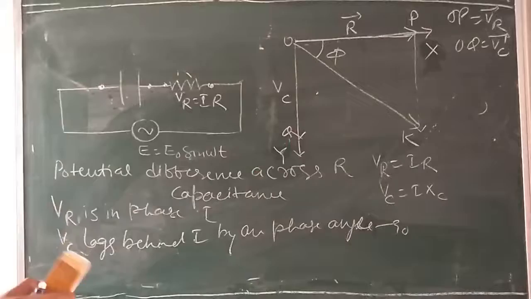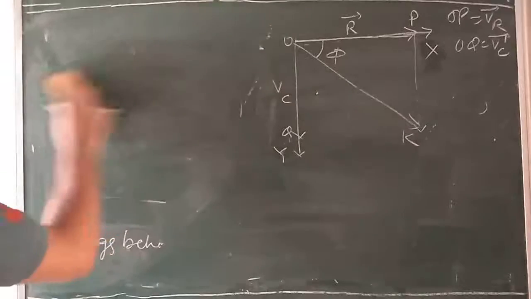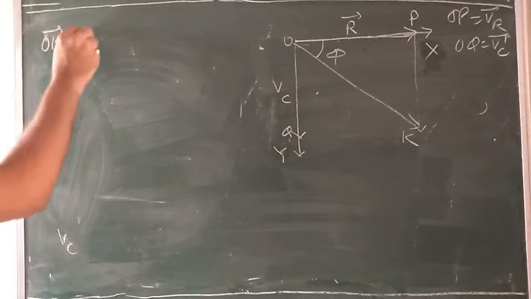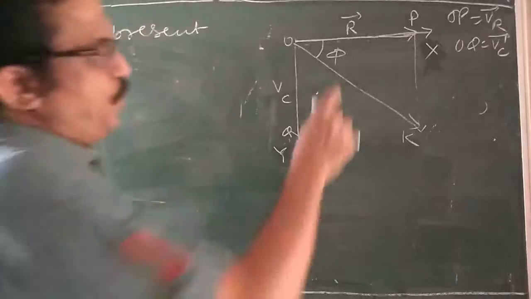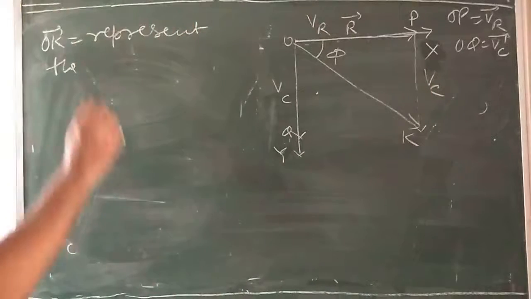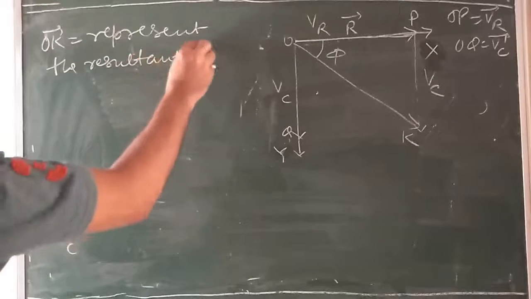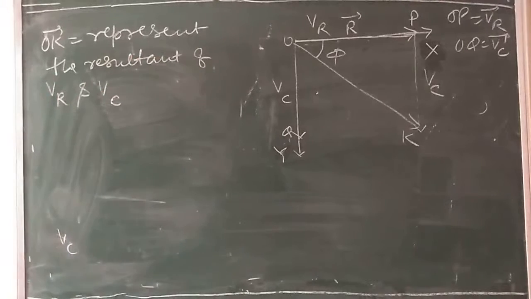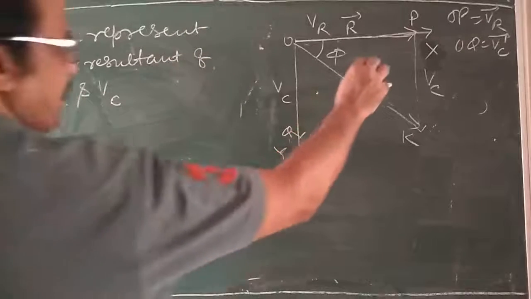OK represents the resultant of VR and VC. Here is VR and here is VC. The vector represents the resultant of VR and VC, that is the applied EMF E. I can say this is E.